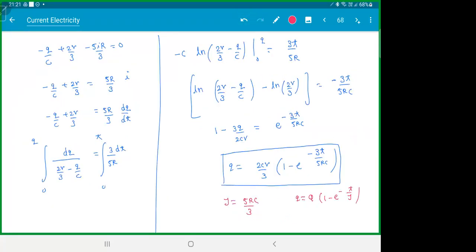And this method is important because I'm going to teach you a shorter way, but that shorter way has one limitation. So if they give you something like this, this is the only way to do.